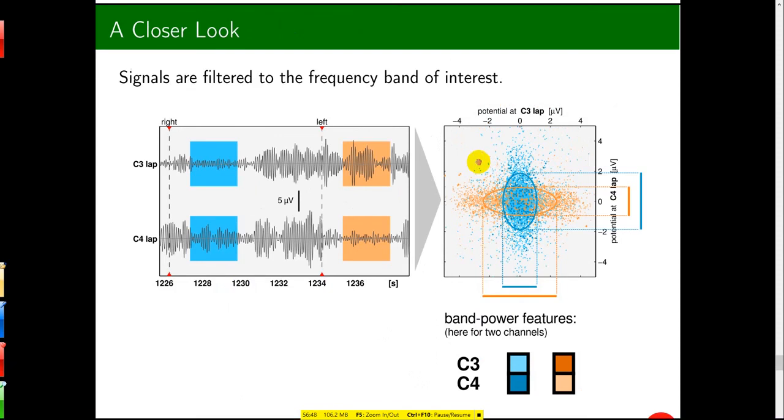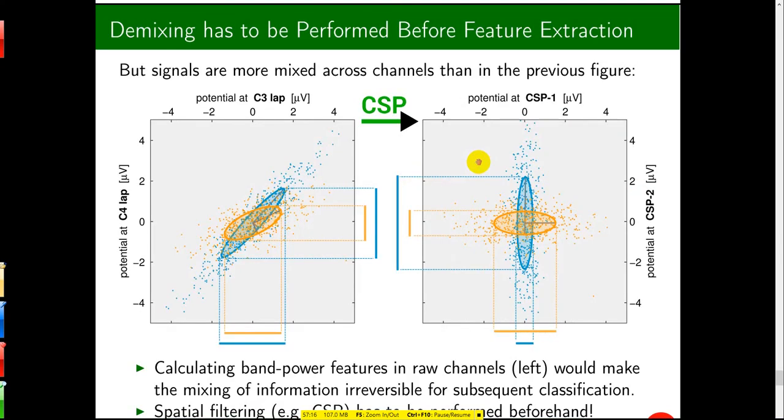Alright, a closer look: signals are filtered to the frequency band of interest, 10 to 15 Hz, and the consequence of this is that the variance is very great for C3 and very small for C4. So there is the common spatial pattern algorithm that will maximize the variance, because variance is one indicator, for one class while minimizing the variance for another class.